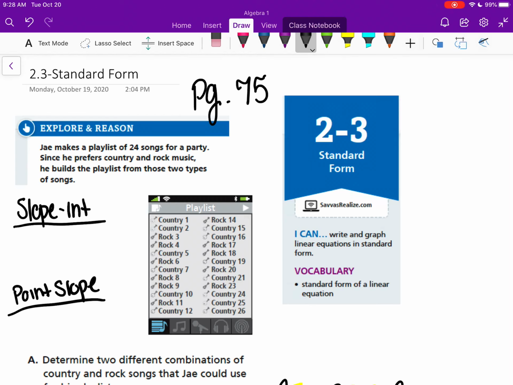All right, you guys, this is section 2.3, and it is about standard form. In the last two sections, we've learned slope-intercept form, which was our y equals mx plus b, where we had our y equals x, and then the m and the b represented our slope and our y-intercept.